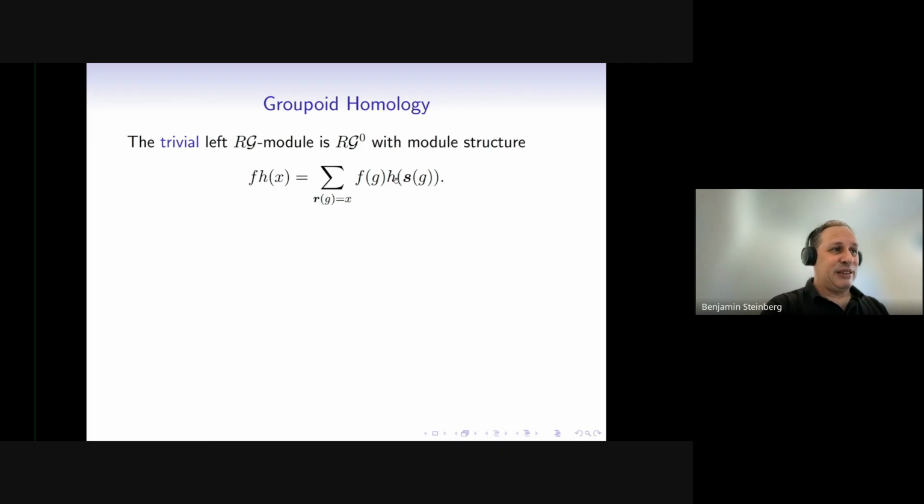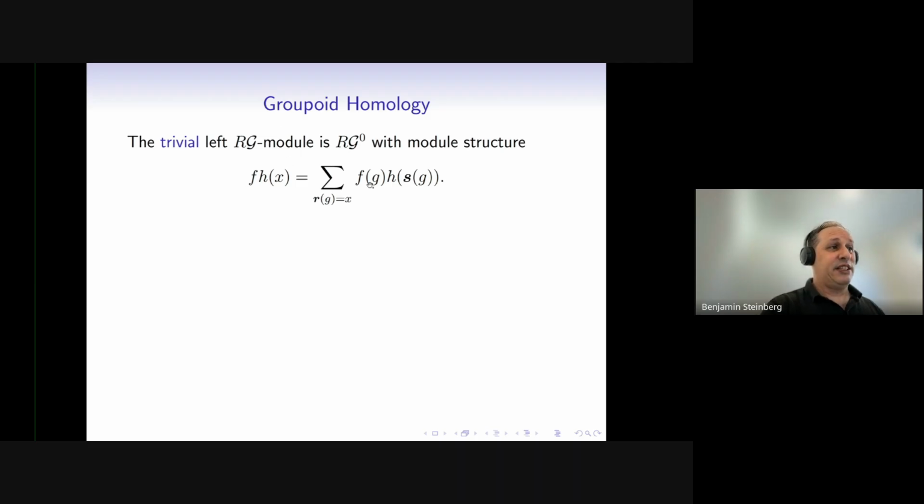All right, what is this? The way to think about this: you can think of h as being a function on the unit space, so think of it as a formal linear combination of elements of the unit space. And then an element g of the groupoid should just move an element of the unit space that's its domain to its range. And the function f is a linear combination of groupoid elements.